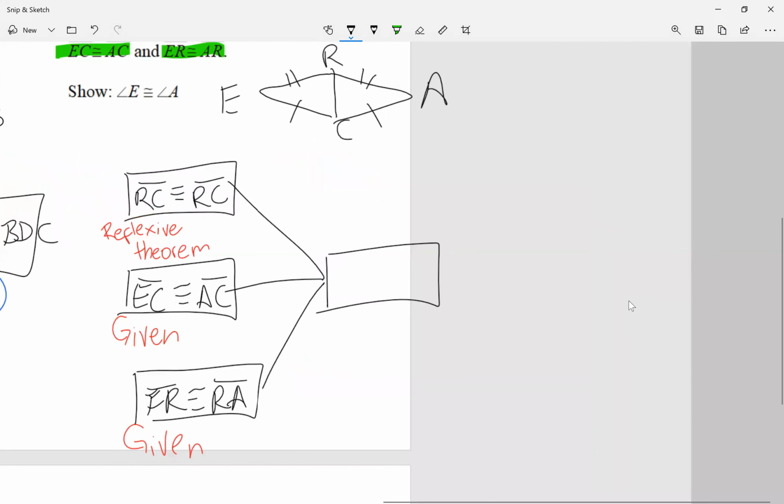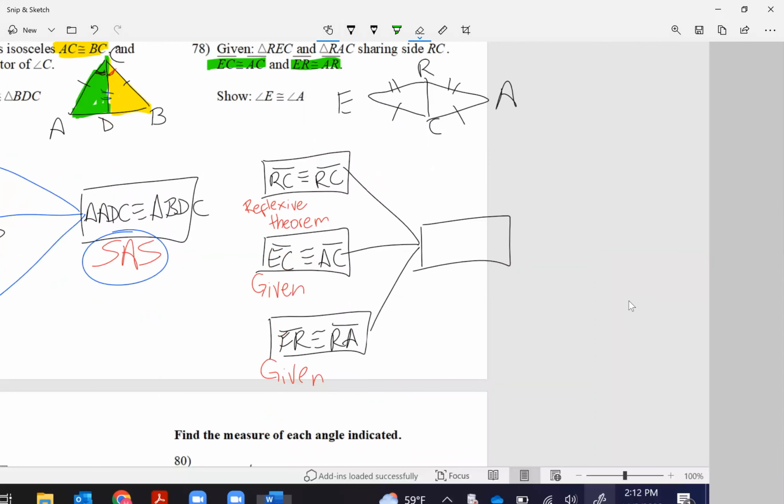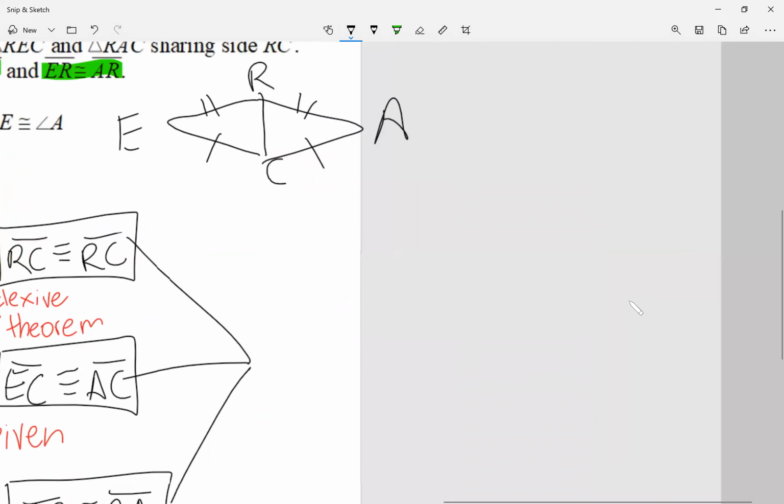And then let me write a statement here for you guys. Let's say triangle ERC is congruent to triangle ARC.